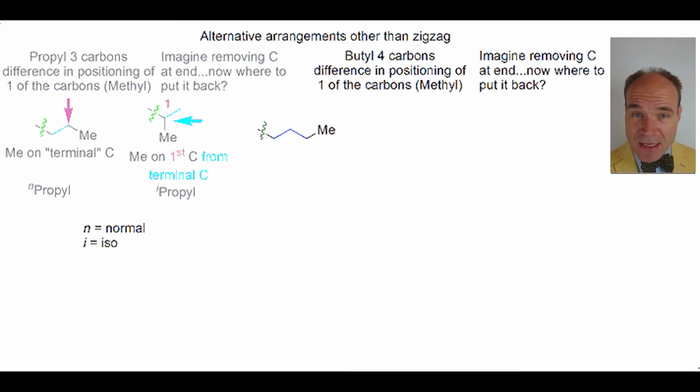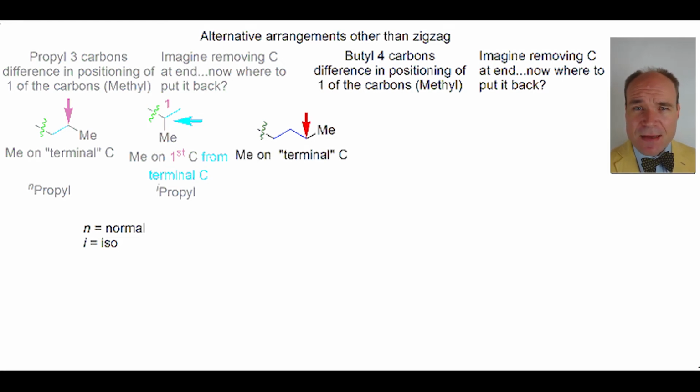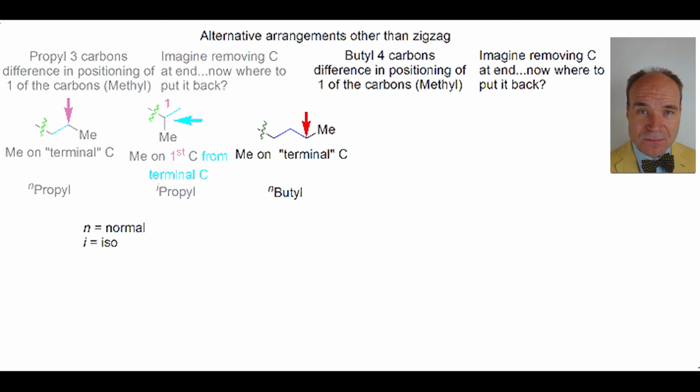Firstly, again, we can put it back where it came from, and that's on the blue terminal carbon. This is again N for normal, Bu, or butyl. The second location we can return the carbon to is one carbon in from the blue terminal carbon.